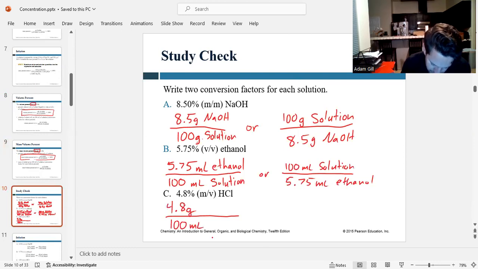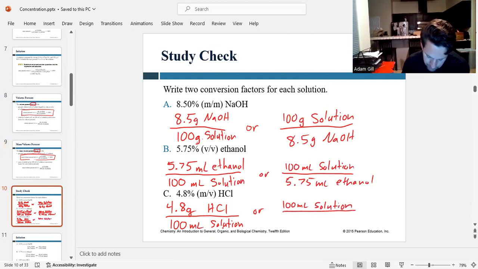And we're talking about HCl. And solution goes on the bottom. So there's 4.8 grams of HCl per 100 milliliters of solution. And you can express that the other way around. You can say there's 100 milliliters of solution for every 4.8 grams of HCl.